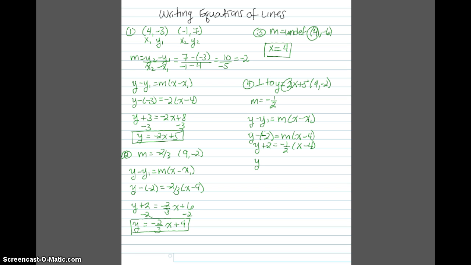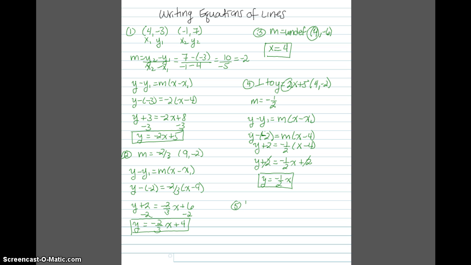Now we'll go ahead and distribute that negative 1/2. That becomes negative 1/2 x plus 2. And now here I have plus 2 on both sides, so those cancel each other out. I'm left with y equals negative 1/2 x. So that is my equation. Notice that there's no y-intercept written, which means it is 0.